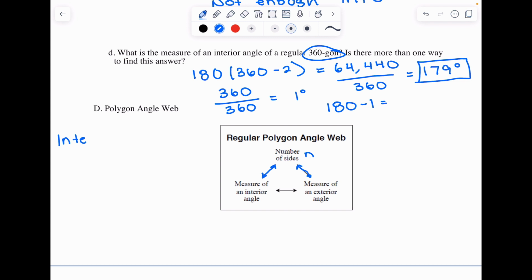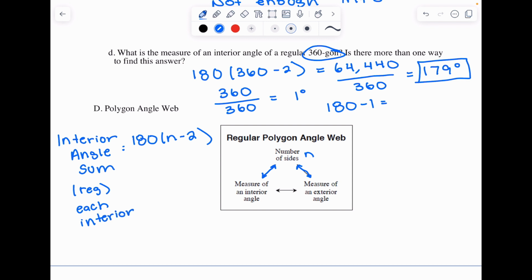So to find the interior angle sum, which is all of the interior angles added up, we are going to do 180 times n minus 2. To find the measure of each interior angle for a regular polygon, I'm going to do 180 times n minus 2, which tells me the total, and then divide by how many I have.